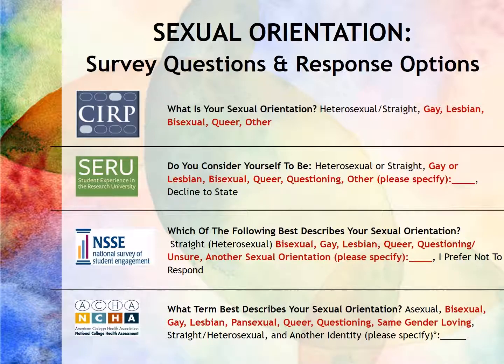Because we're concerned about instrumentation bias with that, we've omitted those students from this particular analysis. We're asking the question a little differently now. We've learned a lot about that, and in later data sets we'll be able to better understand the asexual students. But for this particular study, we collapsed bisexual, gay, lesbian, pansexual, queer, questioning, and same gender loving into a queer spectrum variable.